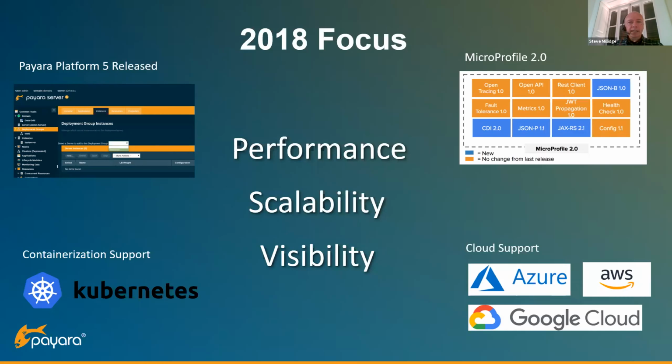And then we've put visibility. So visibility is basically instrumentation of the application server itself. One of the advantages of an app server is it's a managed runtime for you, and therefore we want to instrument as much as is going on within the server itself, and then surface that to you as a developer or ops manager or ops person to actually see what the application server is doing and what your application is doing on the application server itself.